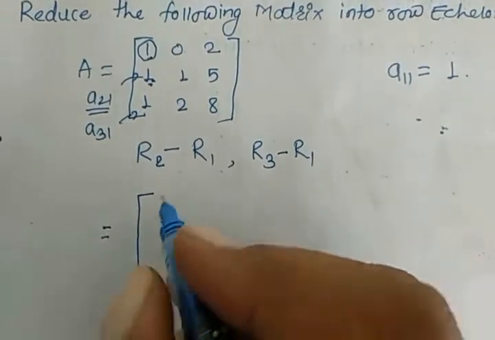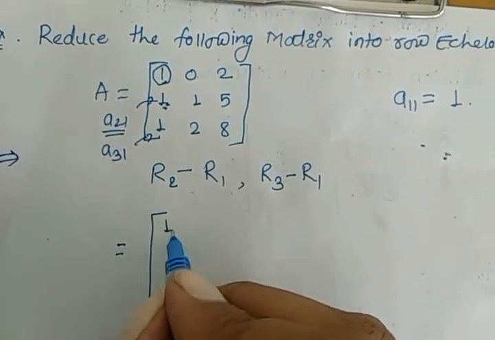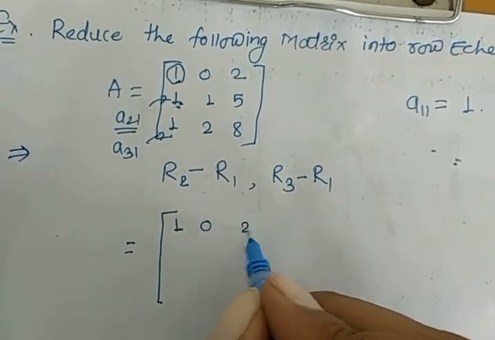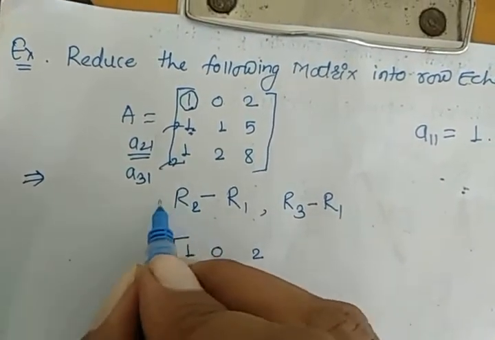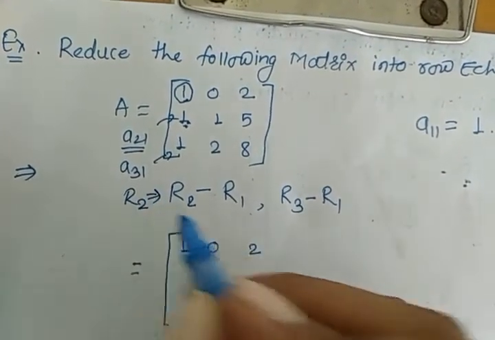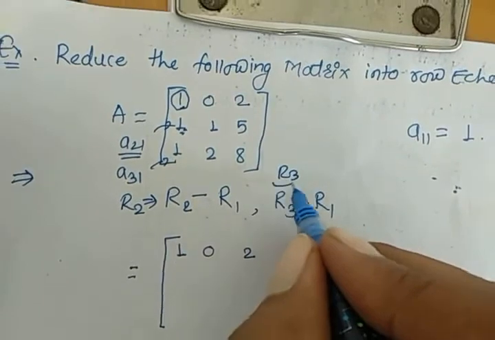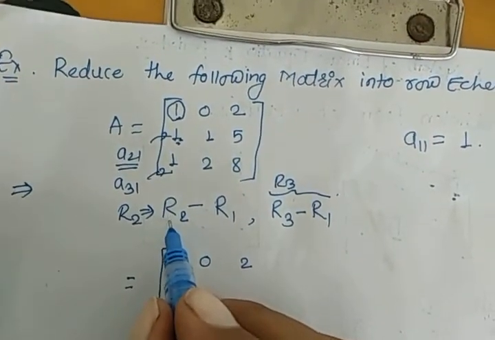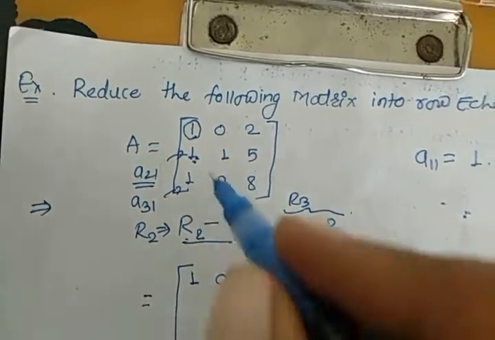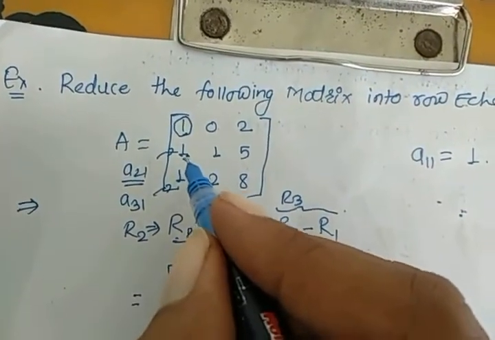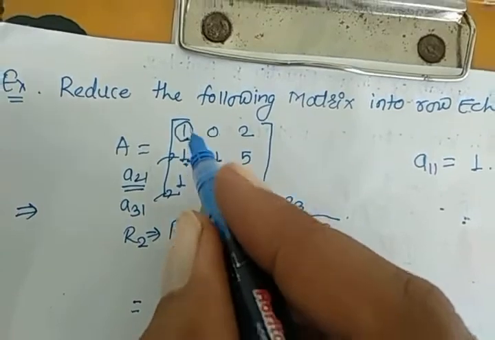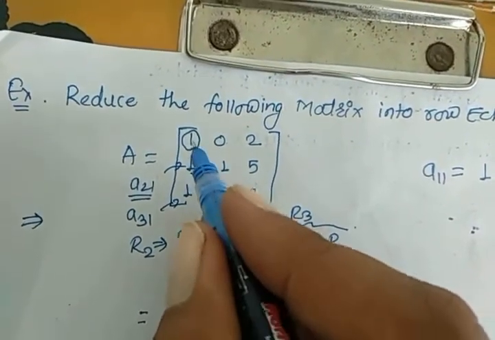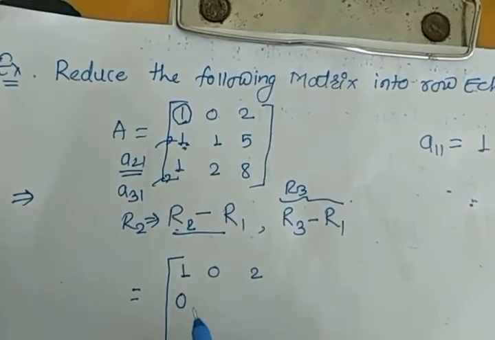with a change: the first row stays as it is, 1 0 2. There are changes in the second row and third row. In the second row we have the row operation R2 minus R1, so we directly subtract corresponding elements of R1 from R2. First, 1 minus 1 is 0.